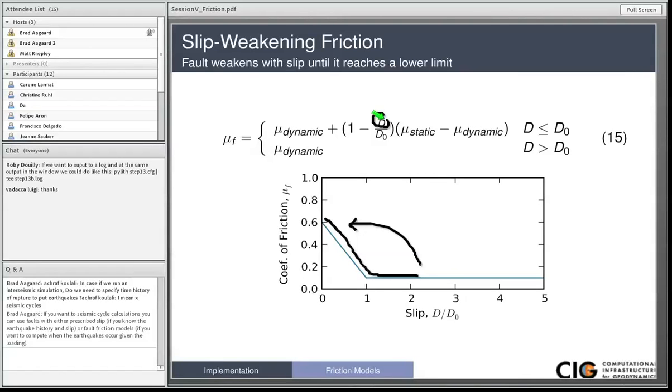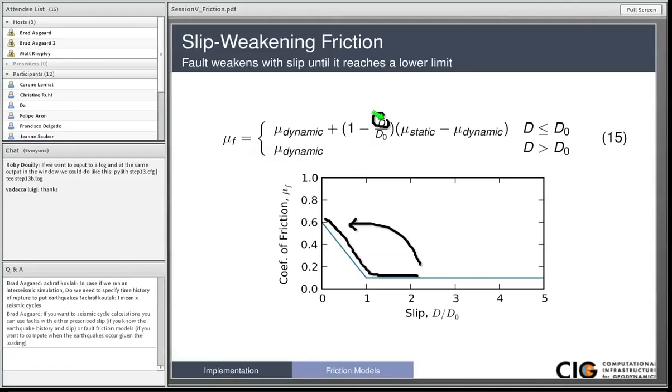So Yang Zhang has a question about post-seismic afterslip controlled by friction. We really didn't cover that in any of the examples today. That is step 04 in the 2D subduction zone example.